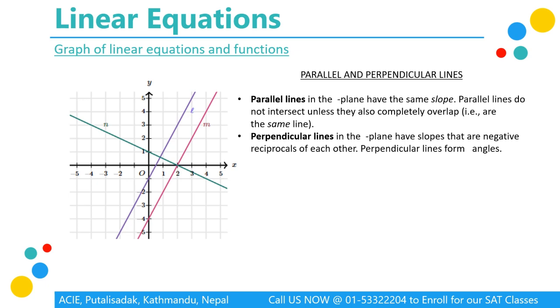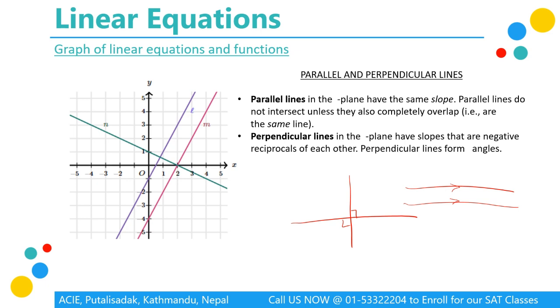Now moving on to parallel and perpendicular lines, something we have been studying for the longest period of time. Any lines which when intersecting give us 90 degrees are going to be a pair of perpendicular lines, and if two lines never cross each other and have the same slope, those lines are called parallel lines.